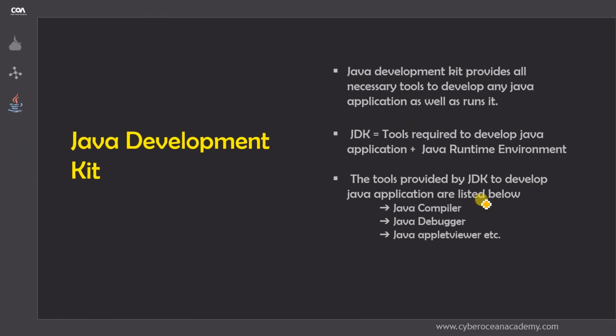Now let's talk about JDK, Java Development Kit. It's a software development tool. The Java Development Kit provides all the necessary tools to develop any Java application as well as run it. JDK consists of tools like the Java compiler, Java debugger, and a Java Runtime Environment.